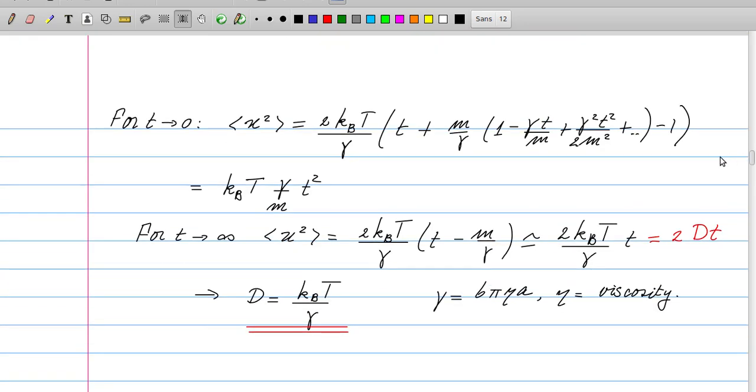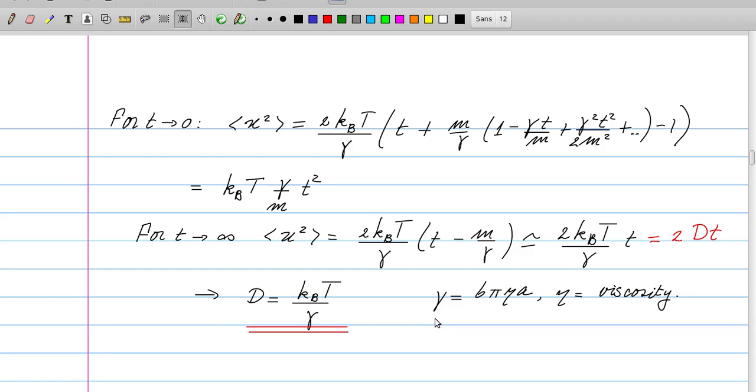And what we then find is that we have 2 kBT over gamma times t. And so that's 2 times the diffusion coefficient times t. And so what we find is that D is kBT over gamma. We have to express the diffusion constant in terms of the temperature and the friction coefficient, the drag.